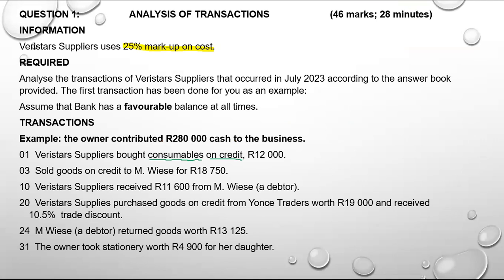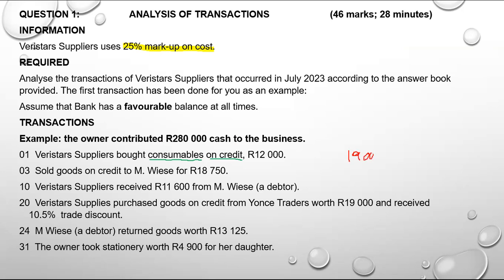Number 20 says Various Stars Suppliers purchase goods on credit from Beyonce Traders for 19,000 and received 10.5% trade discount. You will take the 19,000.